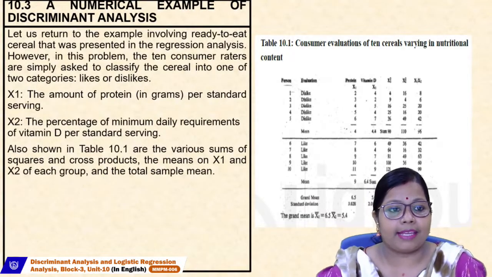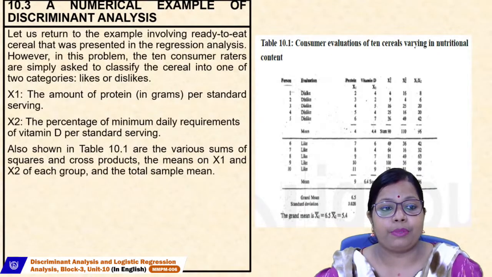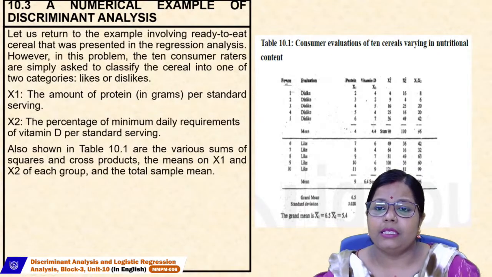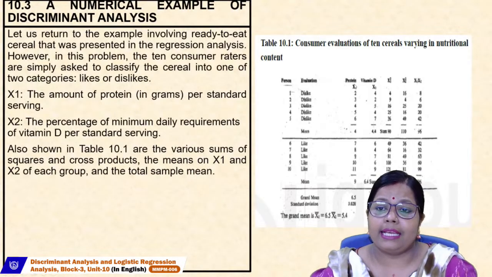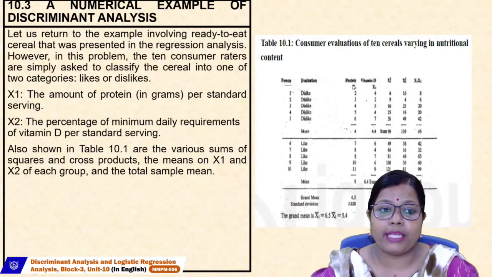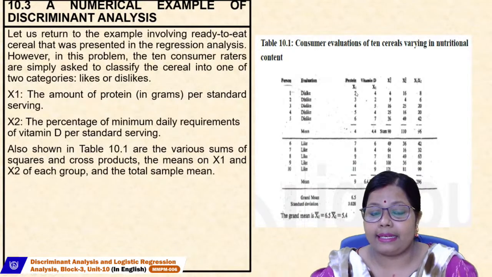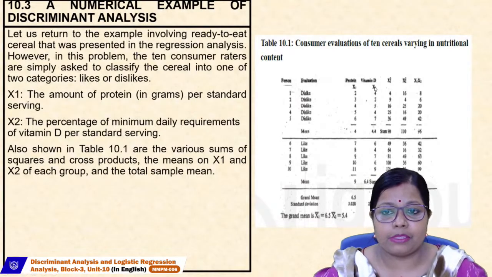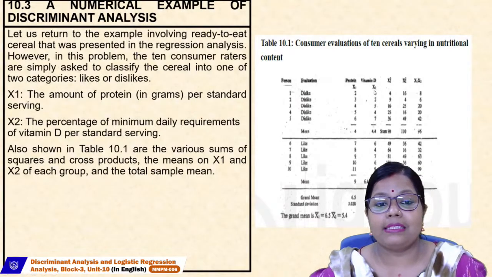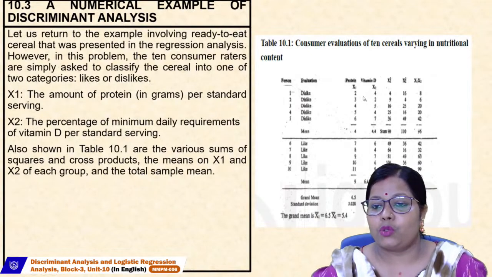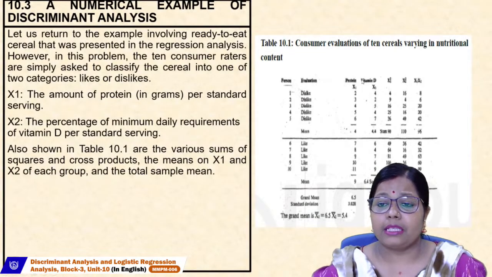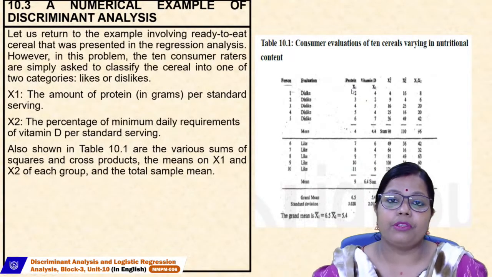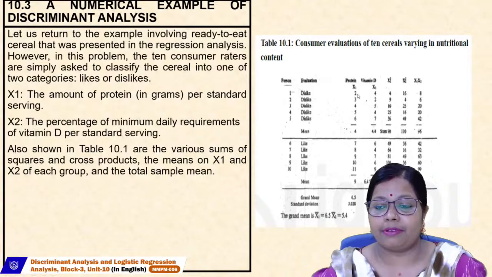As variable X1, we took the amount of protein per standard serving, and X2 is the percentage of minimum daily requirements of vitamin D per standard serving. So two variables we have defined.